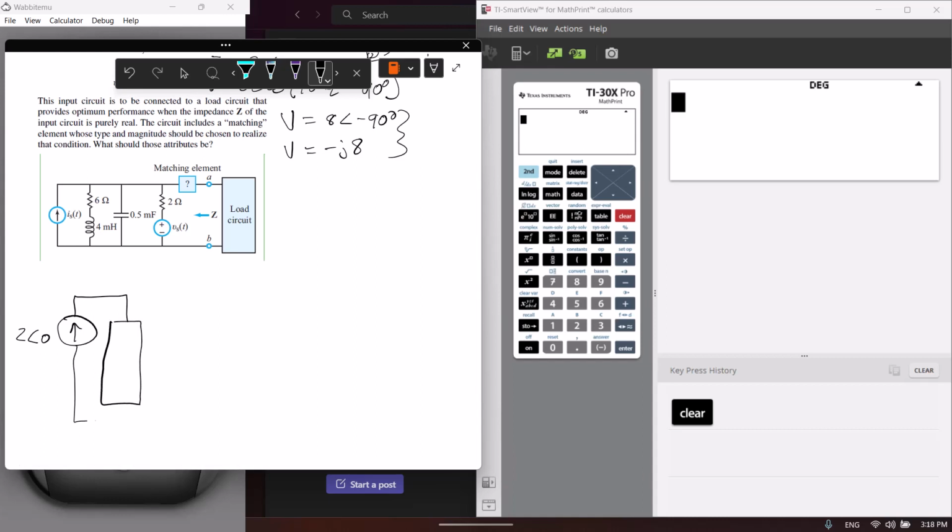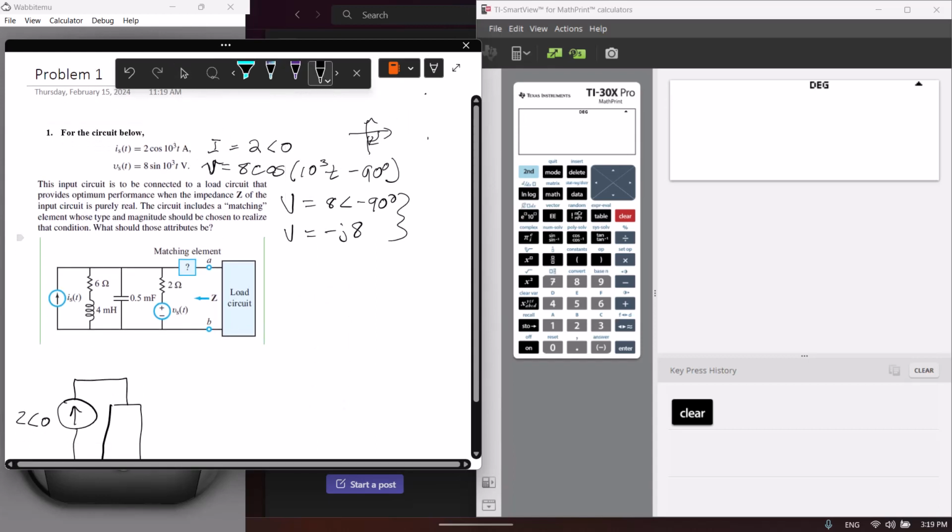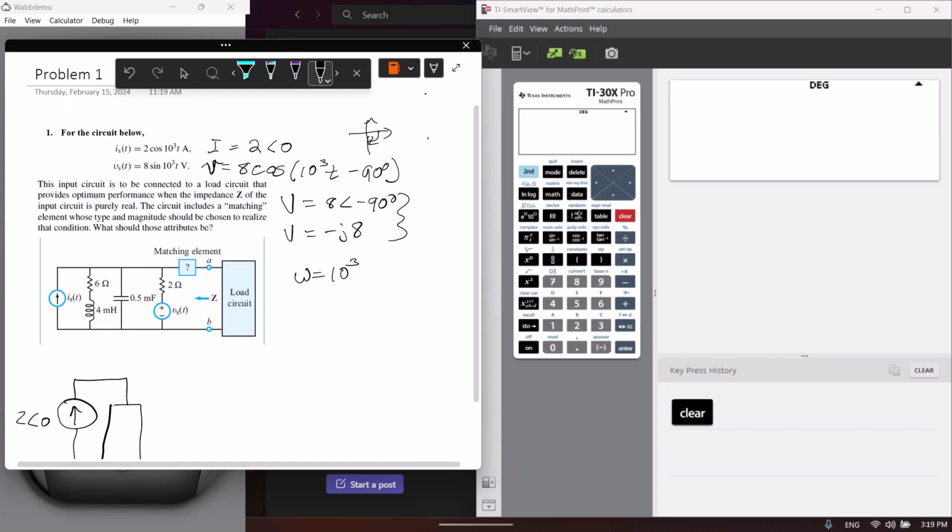And then I can combine my 6 ohm resistor and my 4 millihenry inductor. So looking at Is up here, I see that omega is 10 to the third. So omega is 1,000.